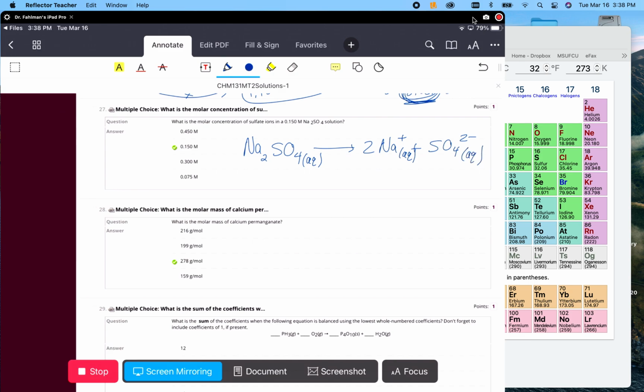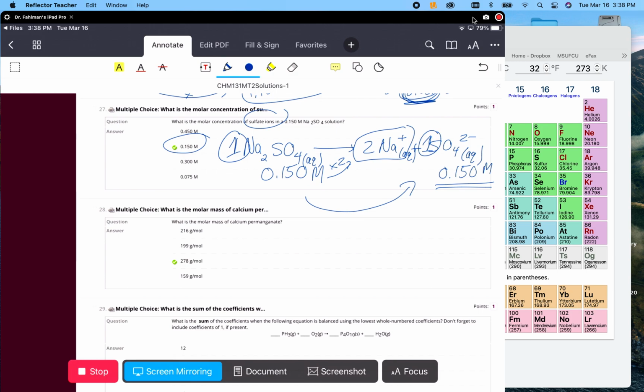And so whatever concentration you have here, it is a 1-to-1 relationship with the sulfate ions, right? So you have the same concentration, so 0.150 moles per liter for sulfate. If it were asking for sodium, then you'd have to multiply by 2. So it's just the 0.150.